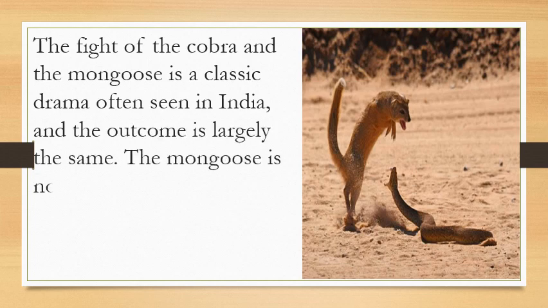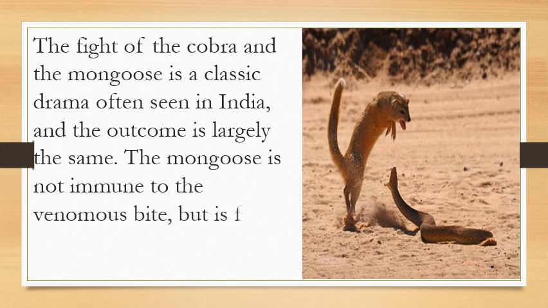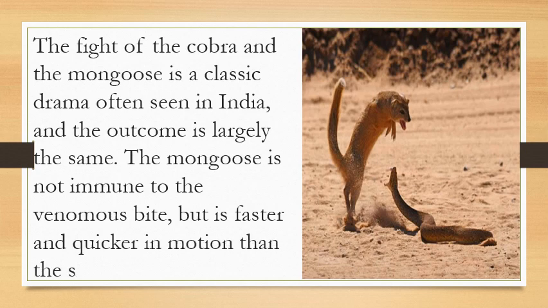The mongoose is not immune to the venomous bite, means the mongoose cannot protect himself from poisonous bite, but is faster and quicker in motion than the snake, as he can run faster than the snake, so that he can protect himself from the snake.